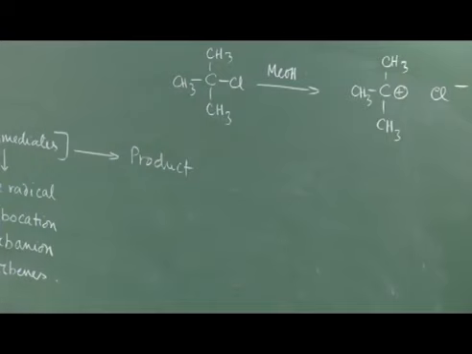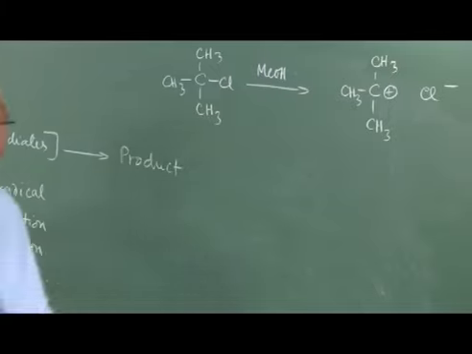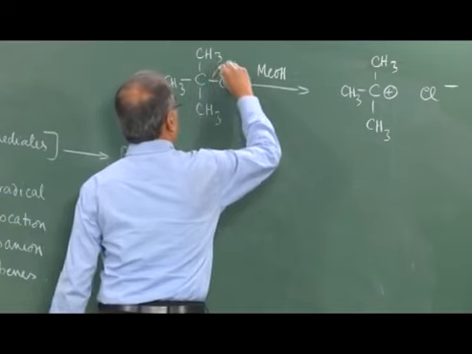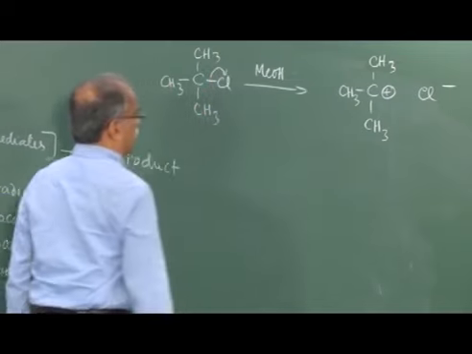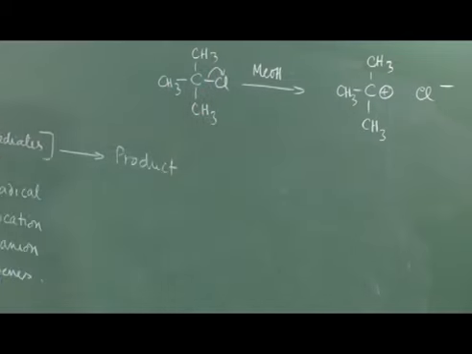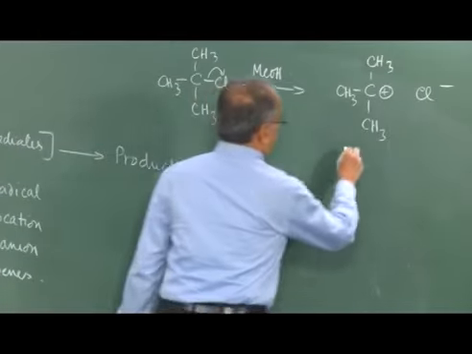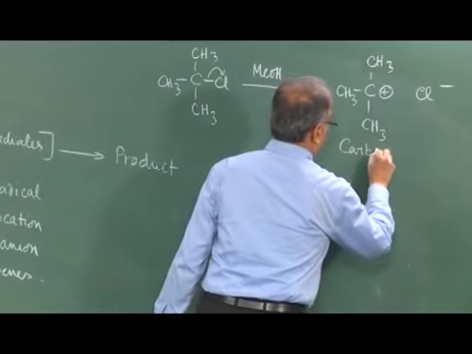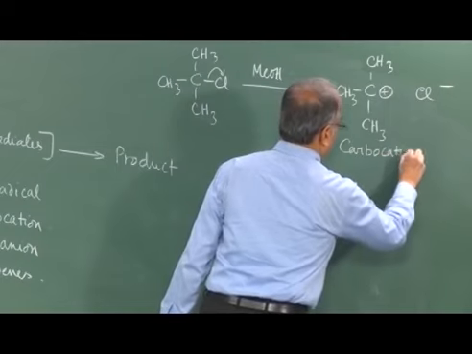In other words, an already polarized carbon chlorine bond is now completely broken in such a manner that the pair of bonding electrons is taken away by the chlorine, producing a chloride ion and generating a carbonium ion. Carbocation is what is formed.